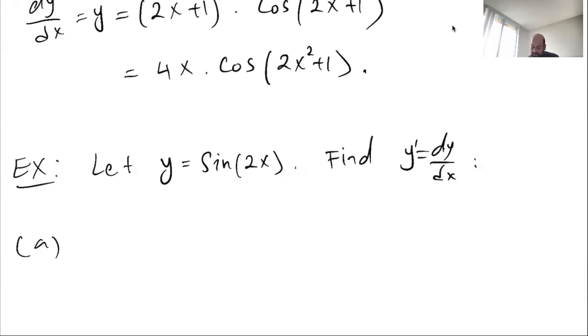Now, what about using the product rule, part B? First we have to write y as a product of two functions. Right now, y is sine 2x, which is not written as a product of two functions, but I can write it as a product. I just need to use the double angle formula for sine 2x, which is 2 sine x cos x.